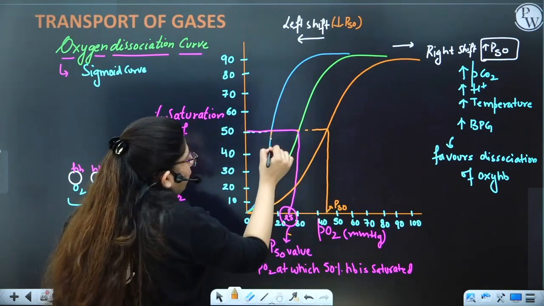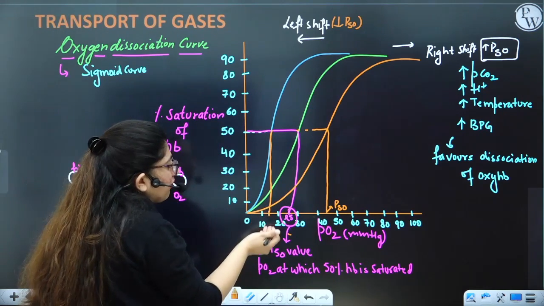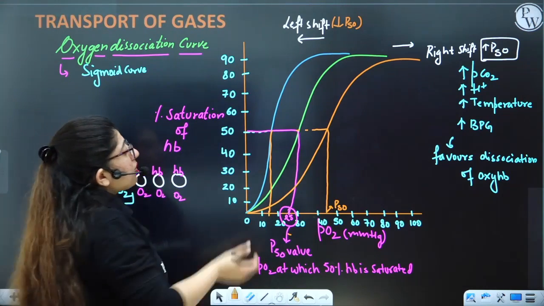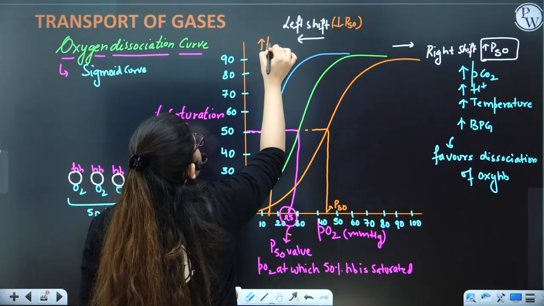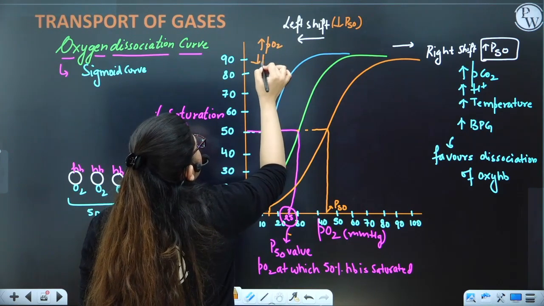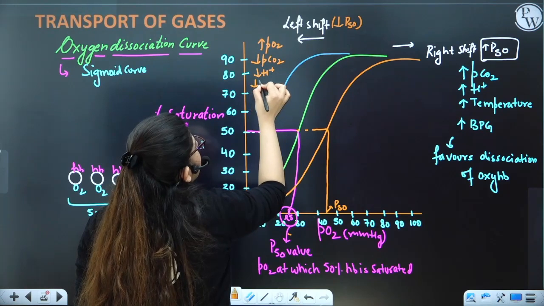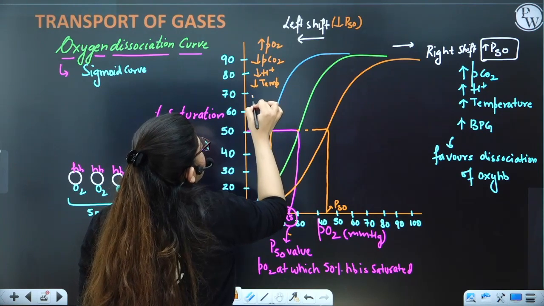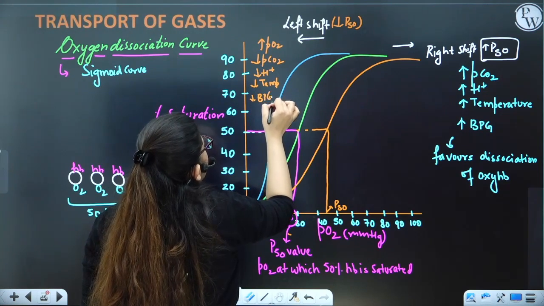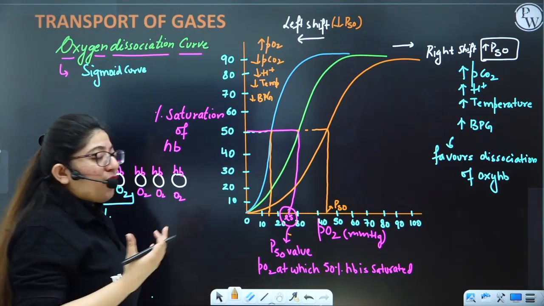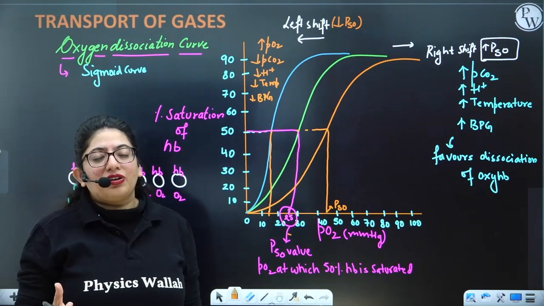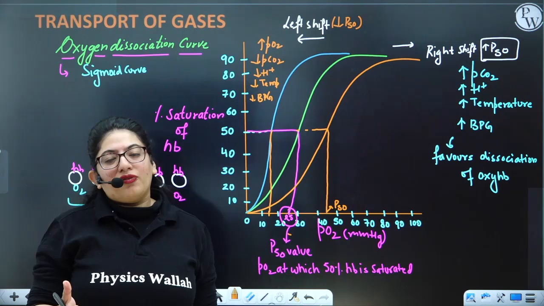As you can see here, now the 50% saturation takes place at around 15 only. Fine. So this occurs when there is increase in partial pressure of oxygen, decrease in PCO2, decrease in H positive ion, decrease in temperature, and decrease in BPG. So you need to understand all these factors and how they affect the dissociation of oxyhemoglobin.